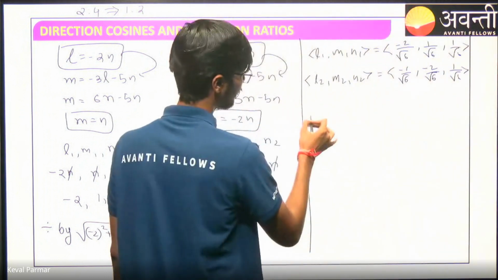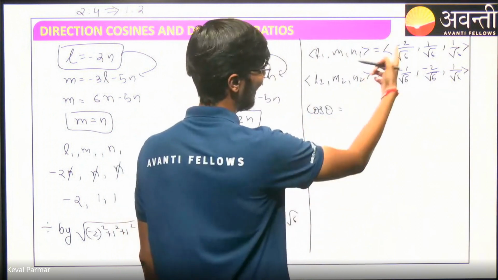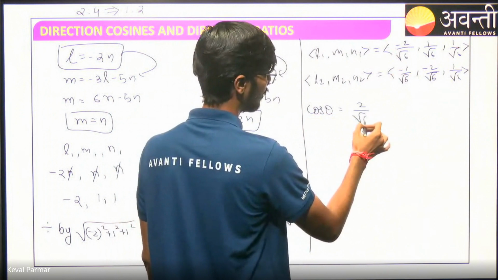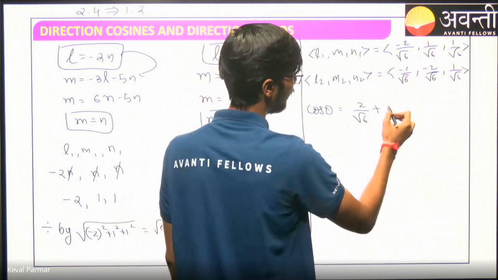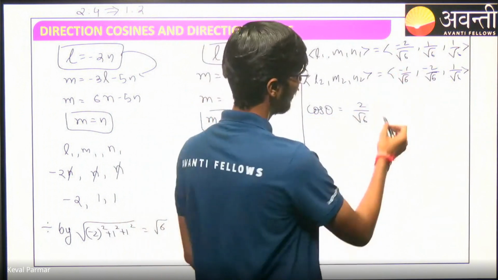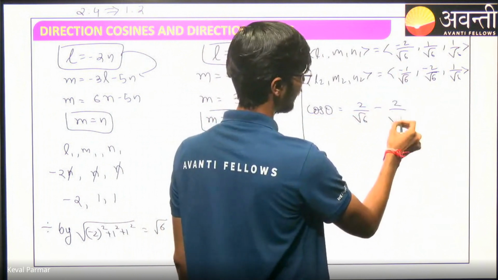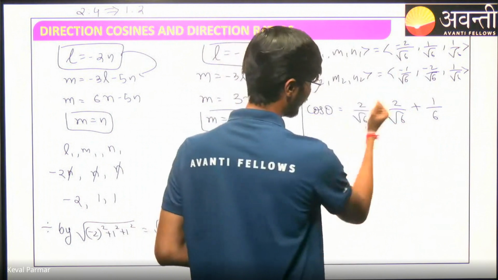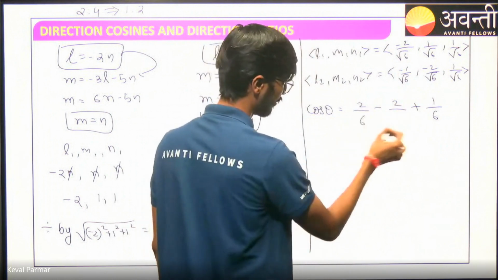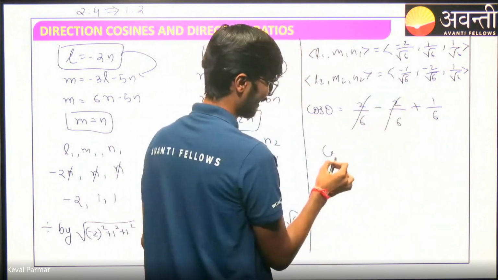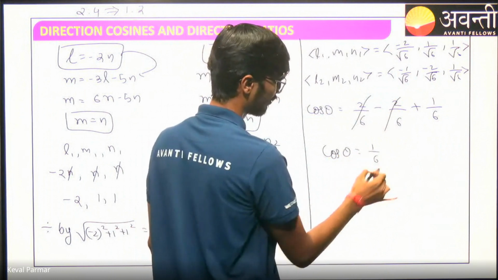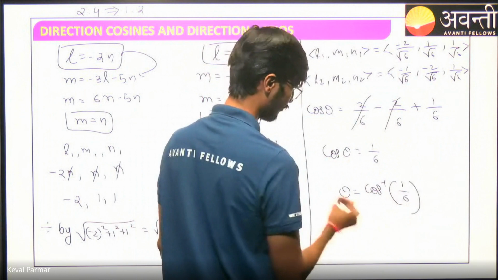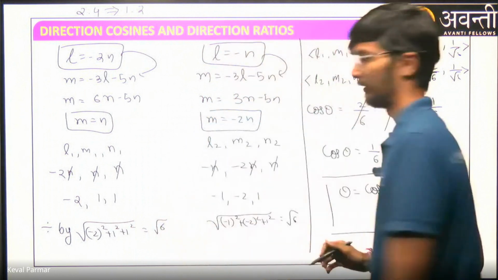Cos theta was L1 into L2, so I'll get 2 by root 6, plus M1 into M2, so I'll get minus 2 by root 6, plus N1 into N2. Sorry, the denominator will be 6, right? This will get cancelled and I'll get cos theta equals 1 upon 6. That means theta equals cos inverse of 1 by 6. This is my answer. Is it all clear?